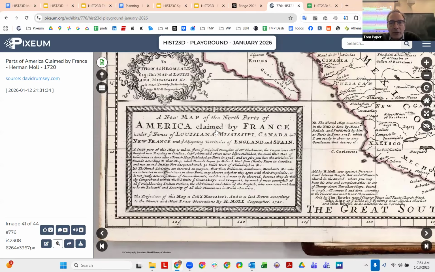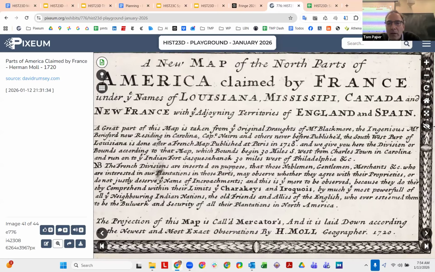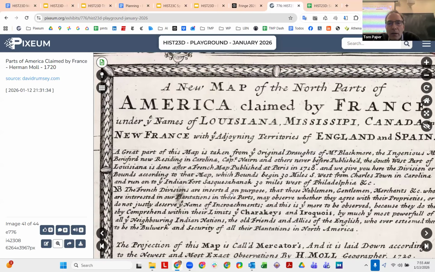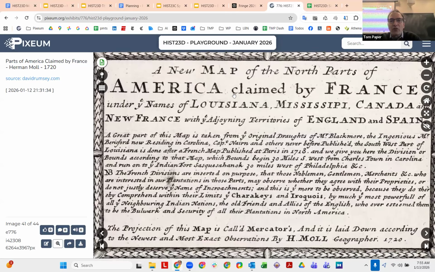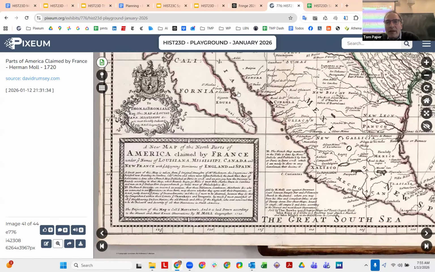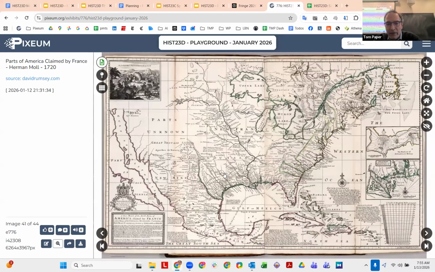I'd encourage you to read some of the text here. Read the title and some of the text, especially in the lower left. I haven't read this in a while. And remember that this is a British mapmaker who's making this map, and think about the title of the map.